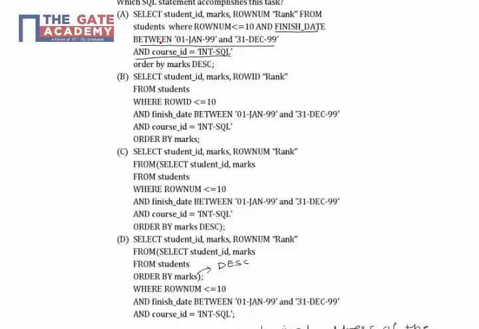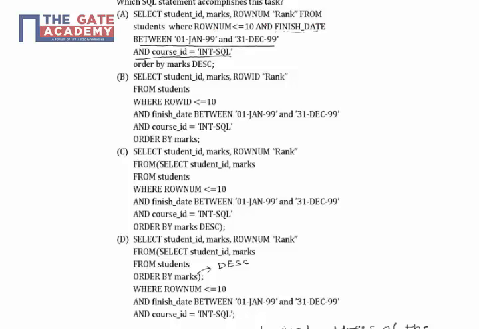And finally, we sort the result in descending order of marks. So essentially, this query will select first 10 rows which matches the underlying criteria, and it ranks the rows in the sequence of their selection order.